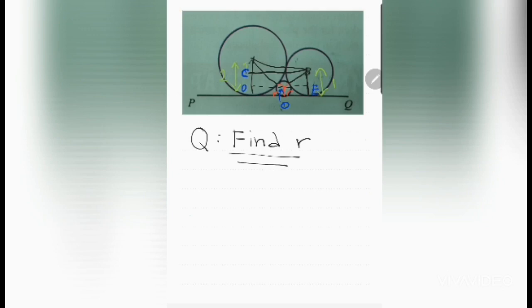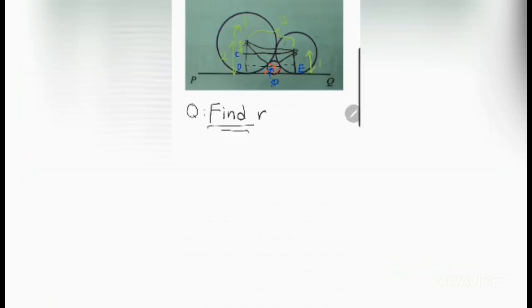From this information, we can obtain the length of AC, which is 1, and AB, which is 3. How do we obtain these lengths? AC is equal to the radius of A minus the radius of B, and AB is equal to the radius of A plus the radius of B. So it is important for us to understand the diagram.